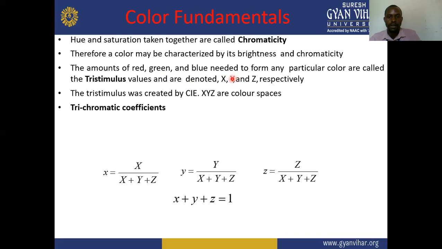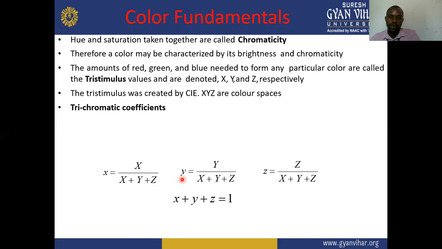We can denote this tristimulus using the variables x, y, and z. The trichromatic coefficients are given as follows. These were created by the CIE, as we've mentioned before, the International Commission on Illumination. The coefficient x is given by x divided by x plus y plus z.